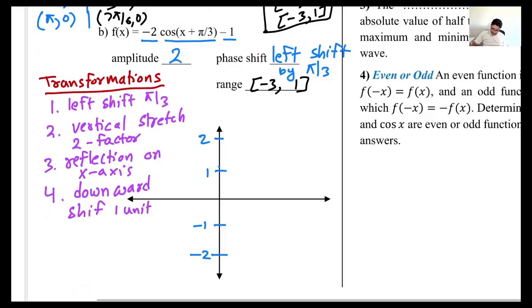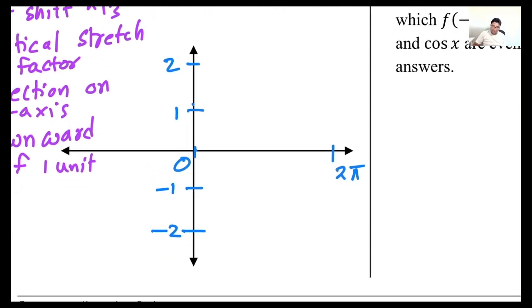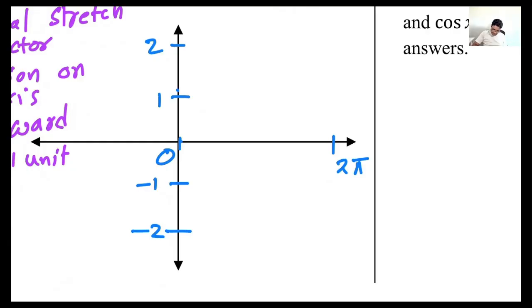And I want to divide, let's say here is my 2 pi. This is anyway 0. So I can zoom in, I guess. And so pi can be in the middle here. So your pi over 2 can be the middle of that. 3 pi over 2 can be here. Okay.